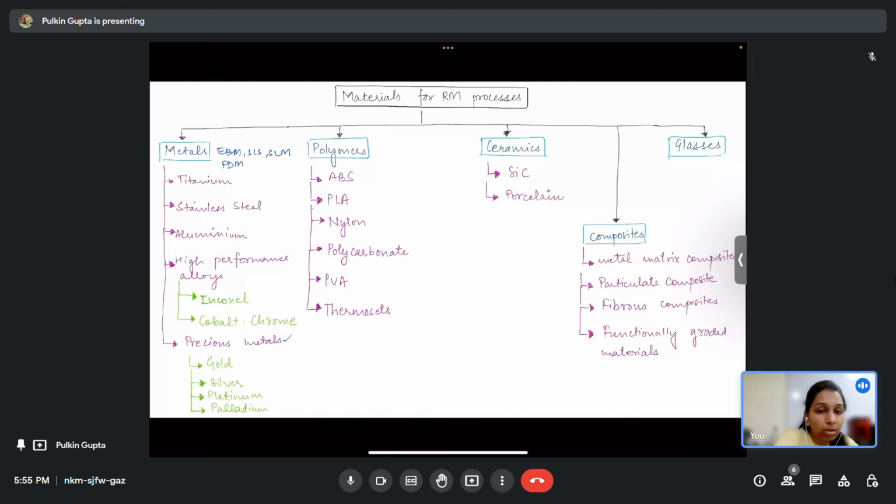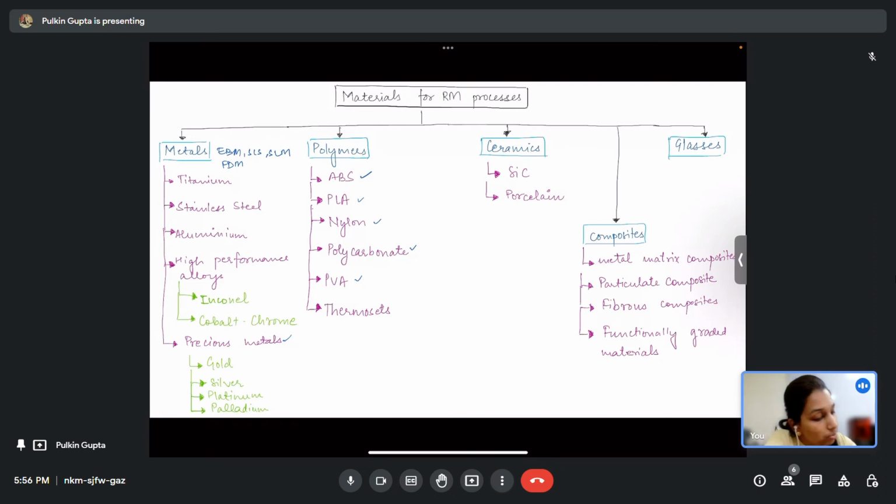Now comes polymers: ABS, which is acrylonitrile butadiene styrene, polylactic acid or PLA, nylon, which is a flexible material, then polycarbonates, then PVA, polyvinyl alcohol, which is soluble in water, and then thermosets.